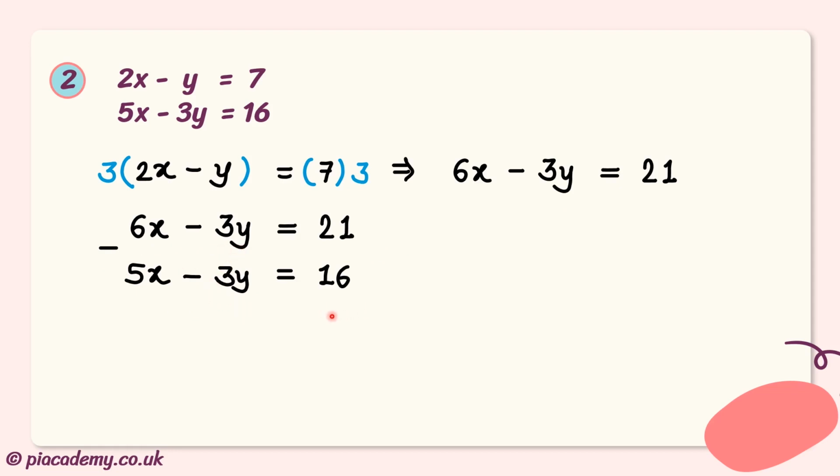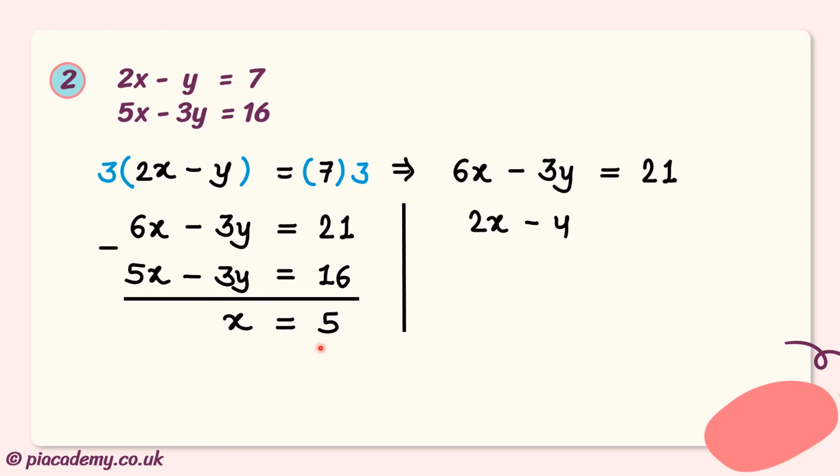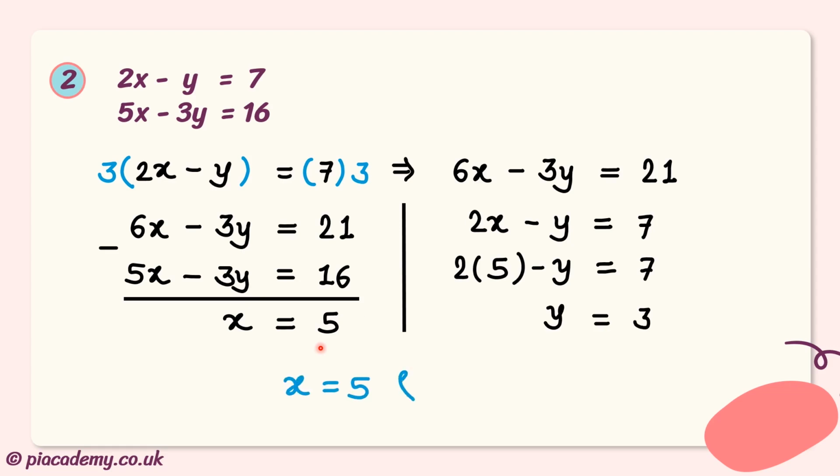On the right side, we have 21 take away 16, which gives us the value of x as 5. Now, let's substitute the value of x in the equation 2x minus y is equal to 7. We get 2 times 5 minus y is equal to 7, and solving for y, we get the value of y as 3. Thus, the value of x is 5 and y is equal to 3.